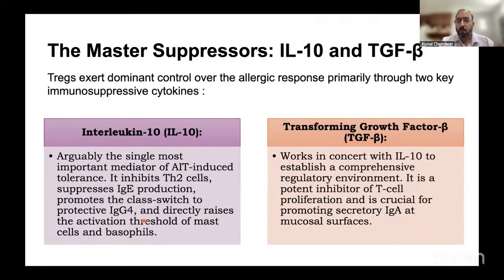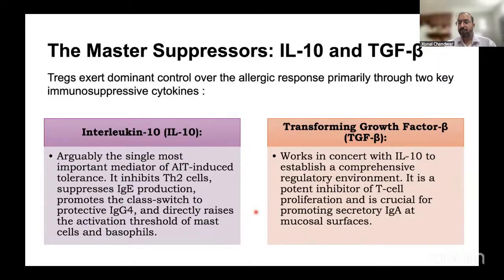Now, there are two important cytokines. It is the IL-10 and the TGF beta, and they often act in tandem. Interleukin 10 is almost the master cytokine of all T regulatory functions. It inhibits the Th2 cells, suppresses IgE production, promotes the class switch from IgE to IgG4, and directly raises the activation threshold for mast cells and basophils.